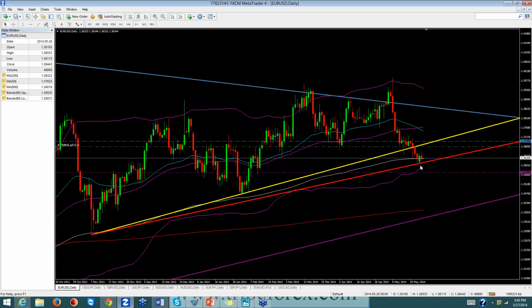Where's price going to go from here? So we've got 1, 2, 3 touches on the trend line here. We could see price, and we had price close at 136.33, which is just 1 pip above the moving average, the 200 moving average.